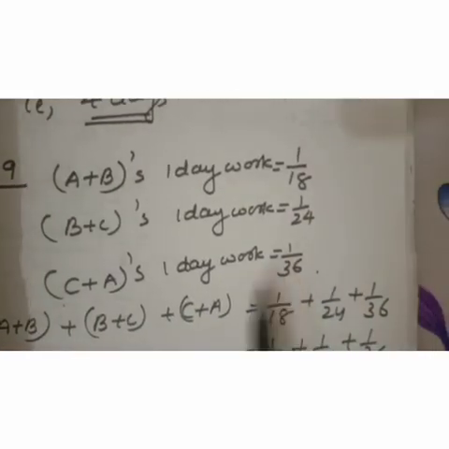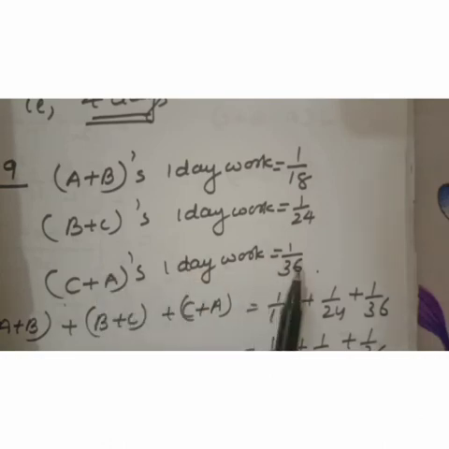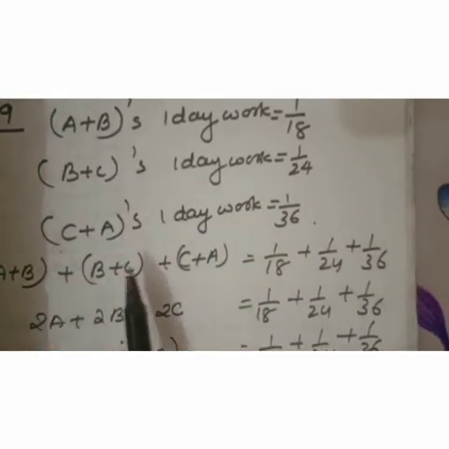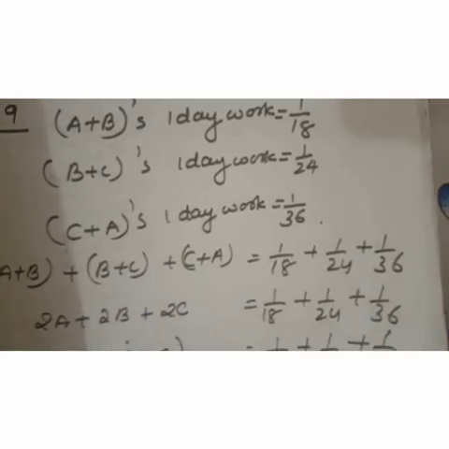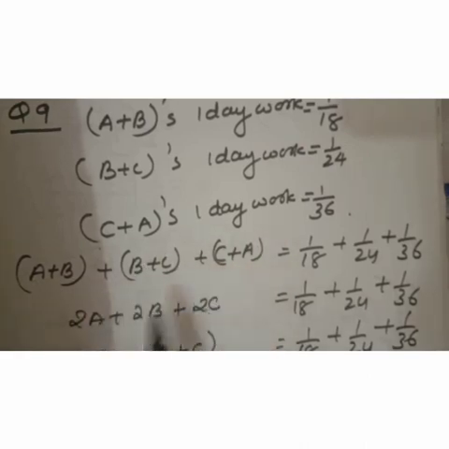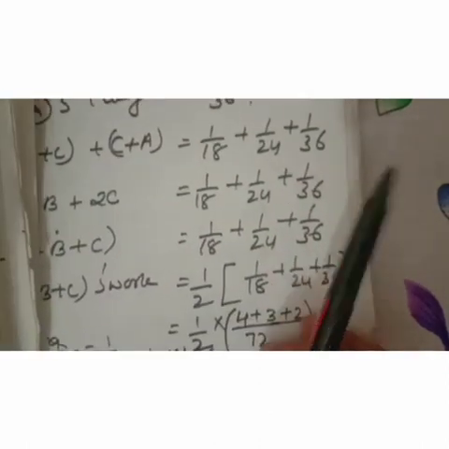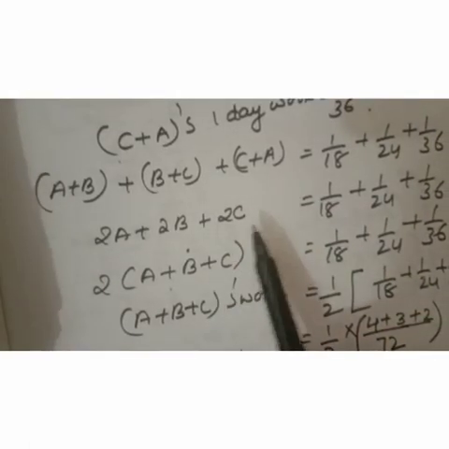Now question number 9. A plus B's 1 day work is given, B plus C's also, and C plus A's also. We will add these: A plus B, B plus C, C plus A. Why? Because you will get A 2 times, B 2 times and C 2 times. Adding, you get 2A, 2B, 2C.